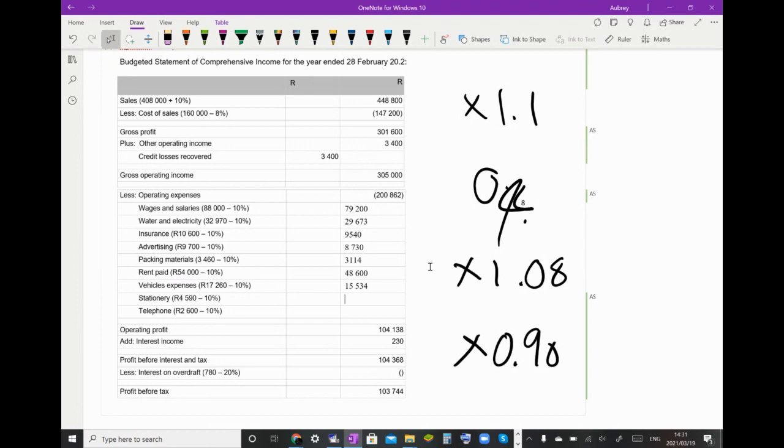All right, and then 90% of 4,590. 4,131.